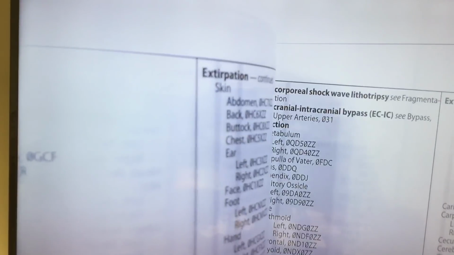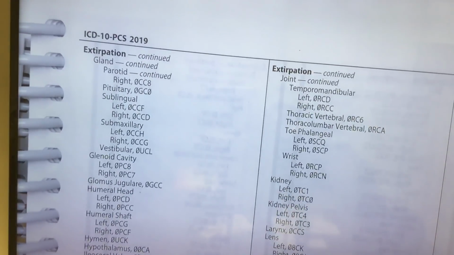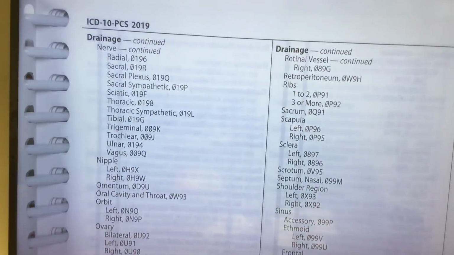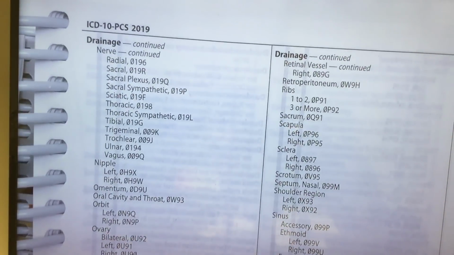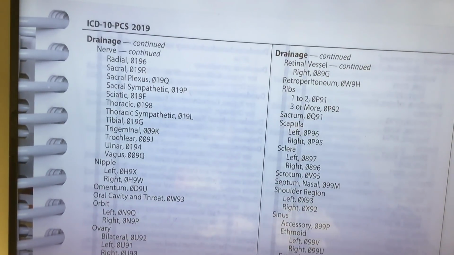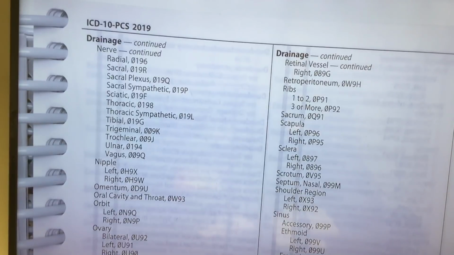So let's say that a patient had something removed. First thing is you've got to know, well, where do I begin? Usually you can begin with your root operations. Well, if you don't know your root operations, you don't even know what removal is.